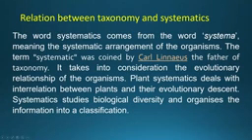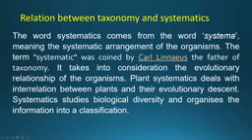Here we learn about the relation between taxonomy and systematics. What is systematics? At first, it is very important to know. The word systematics comes from the word systema, meaning the systematic arrangement of the organisms.